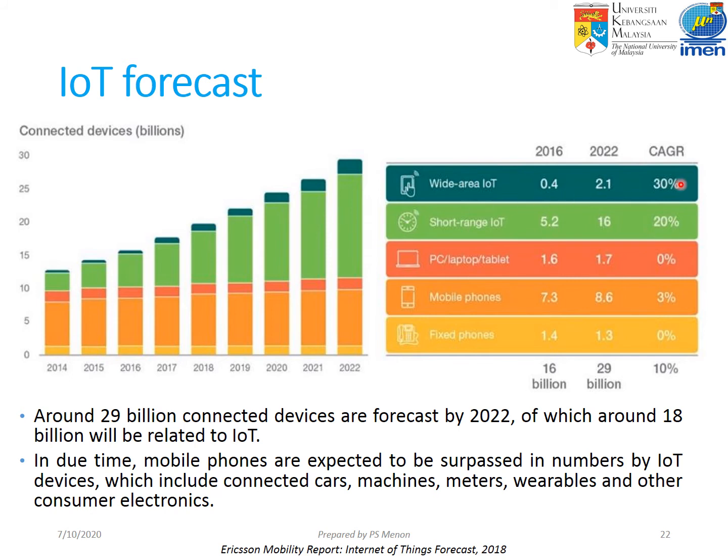And you can see in 2022, the CAGR can go up to 20% for IoT devices. So around 29 billion connected devices are forecasted for 2022, of which around 18 billion will be related to IoT. So it is predicted in due time, mobile phones are expected to be surpassed in numbers by IoT devices, which include connected cars, machines, meters, wearables, and other consumer electronics.